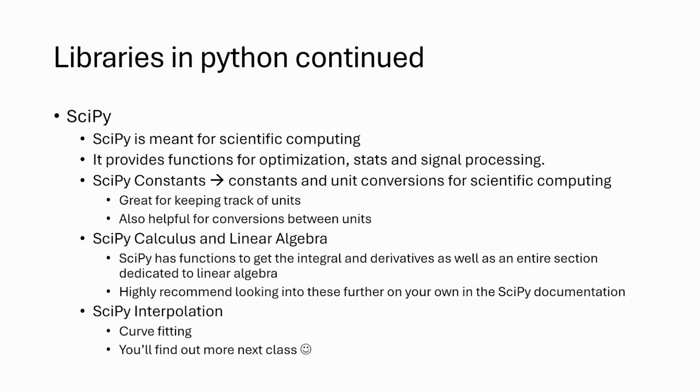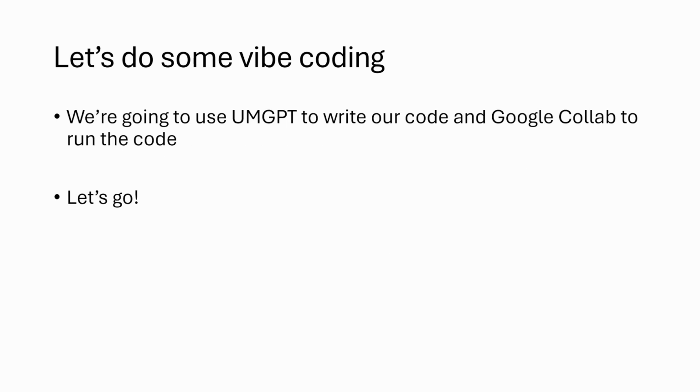So these more advanced tools that we're going to need for handling data and for manipulating data sets and mapping them onto functions and doing curve fitting and so on is going to happen in SciPy. We love it. So math, NumPy, SciPy. That's it. So at this point, we're going to hop over to the browser and do a little bit of vibe coding so I can demonstrate what this looks like in practice.